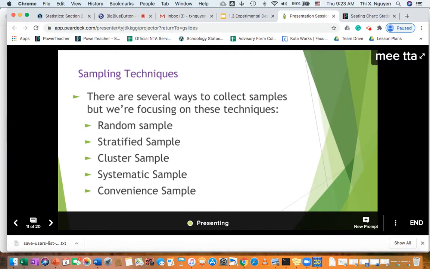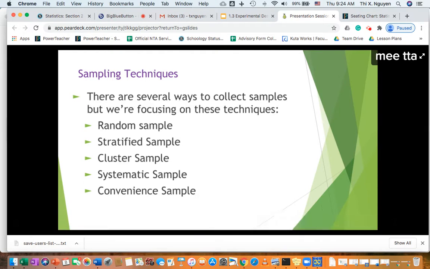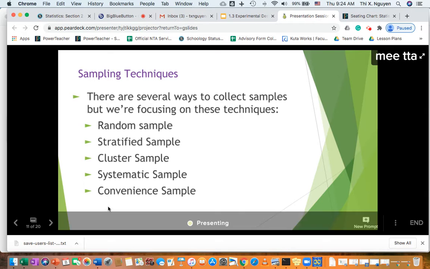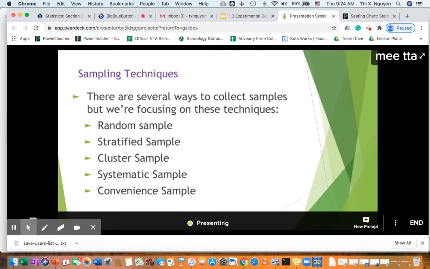So it's broken down to 5 things. Number 1 is random sample. Number 2, stratified. Number 3, cluster. Number 4, systematic. And the last one is convenient. Out of these 5, there are 3 things that are very straightforward for us. Even if you don't remember, and even though you don't listen to what I'm saying right now, by looking at the name, say random, systematic, and convenient, you may guess what they would do, right?